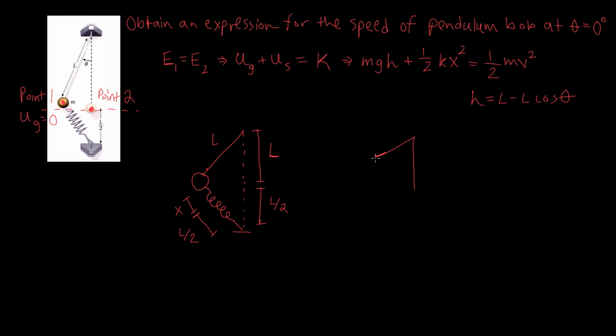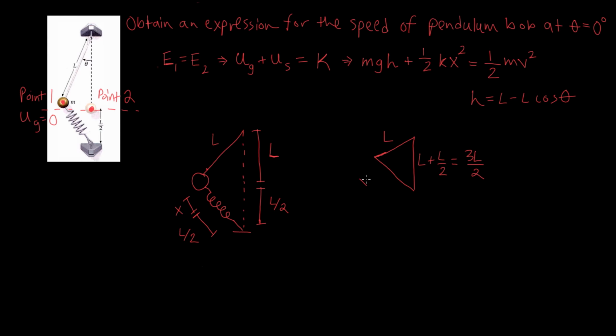Now, notice here that we can draw a triangle. This side of the triangle is just L. And this side of the triangle is just L plus L divided by 2. And L plus L divided by 2 is just 3L divided by 2.